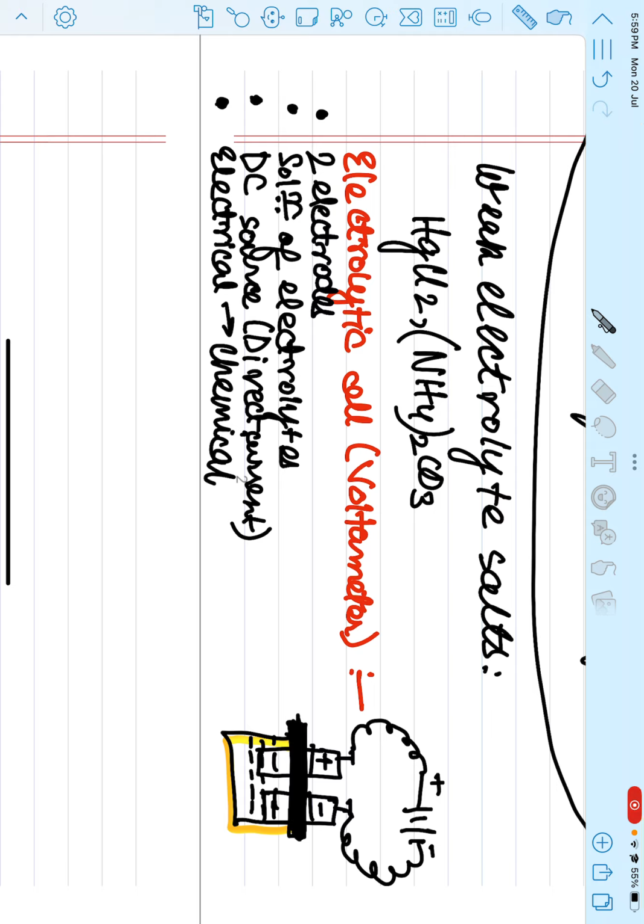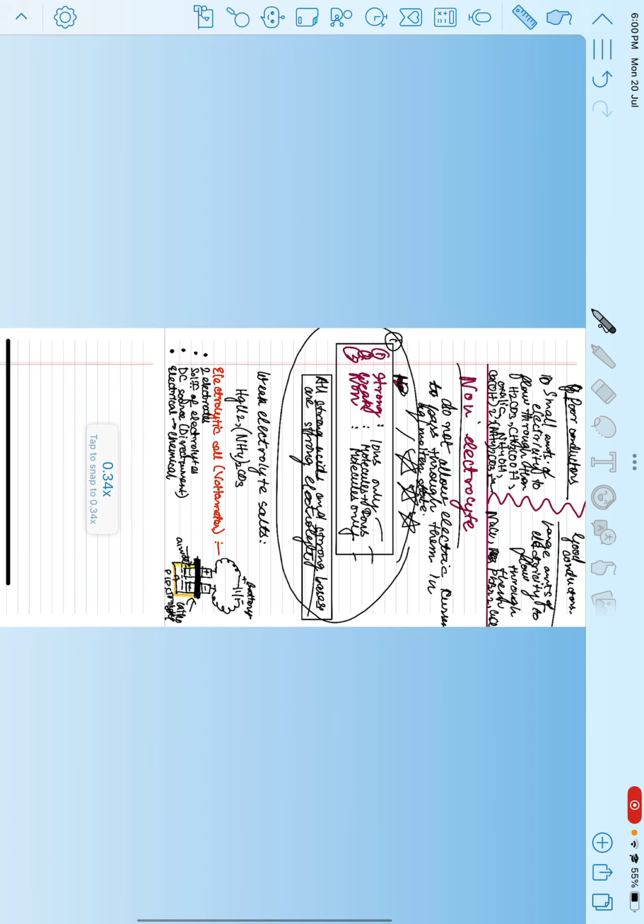This is my positive terminal, this is my negative terminal. This is the anode, this is the cathode. This is the electrolyte. This is basically how a voltameter looks, and this is my battery.